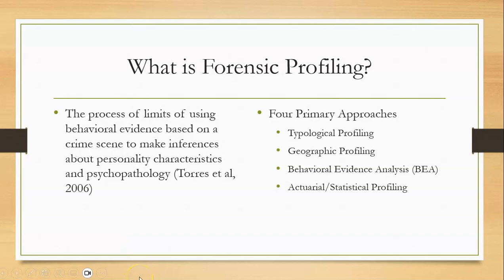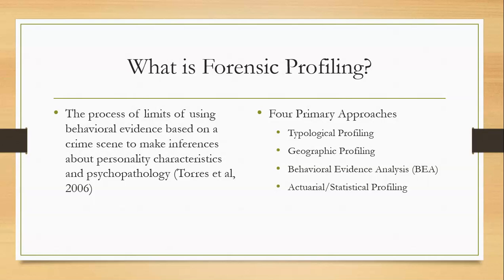Forensic profiling was defined by Torres as the process of using behavioral evidence based on a crime scene to make inferences about personality characteristics and psychopathology. And the four primary approaches were typological profiling, geographic profiling, behavioral evidence analysis, and accusatorial or statistical profiling.